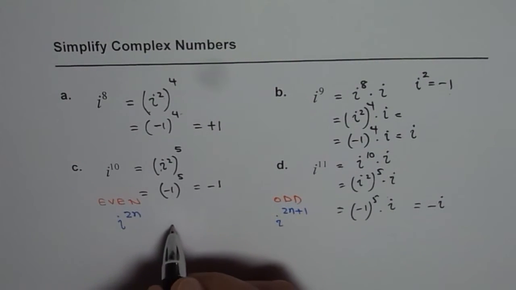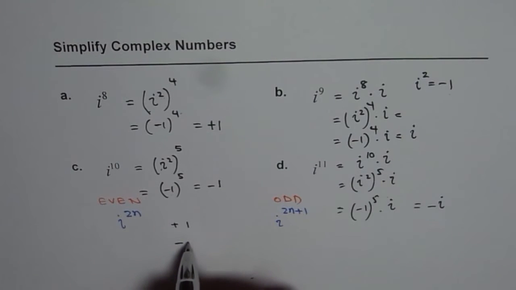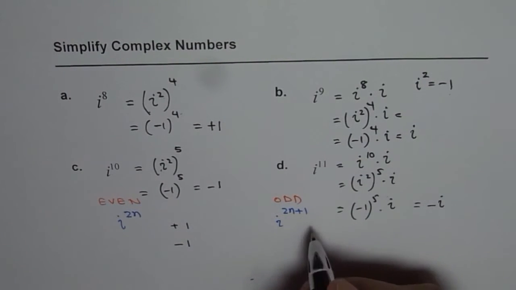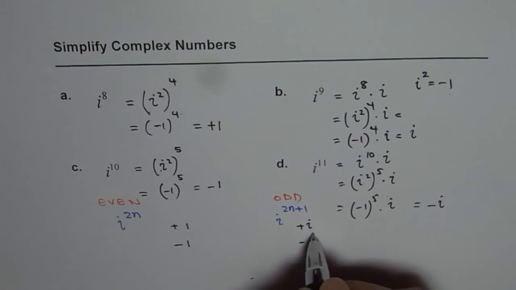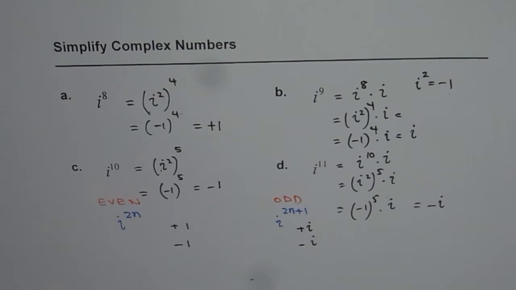The result here is either plus 1 or minus 1. On this side, the result is either plus i or minus i. Now you have to answer this question: when do you get plus 1 and when do you get minus 1? Or if the exponent is odd, when do you get plus i and when do you get minus i? That is a question for you to answer. What do you think?